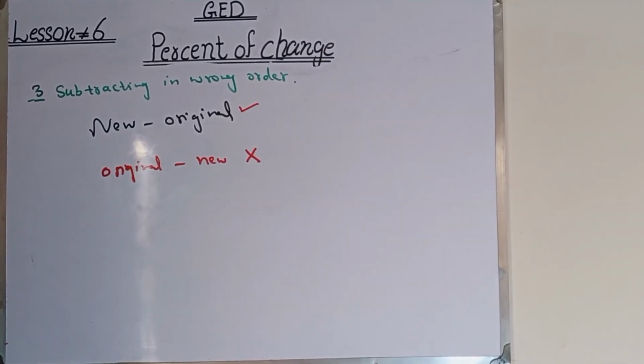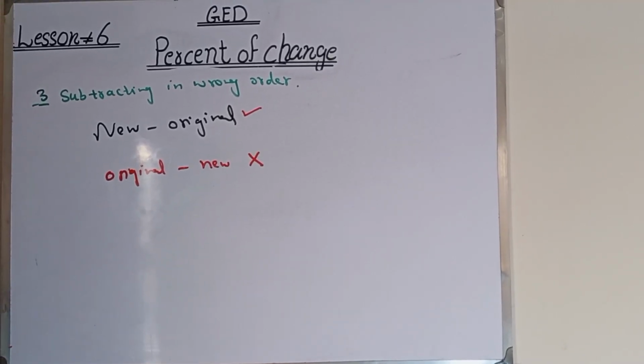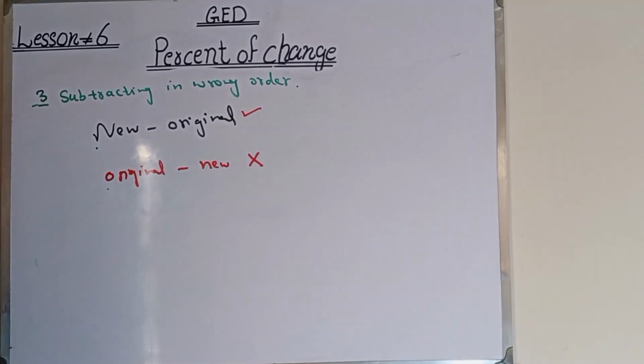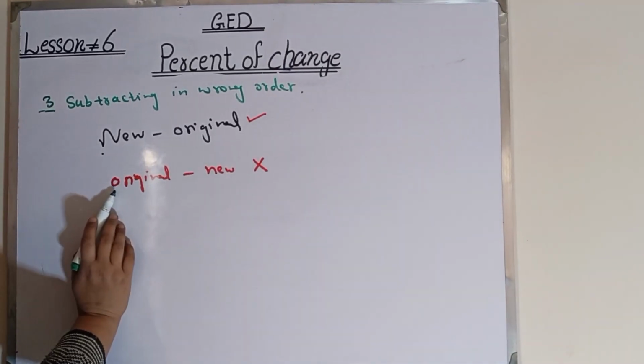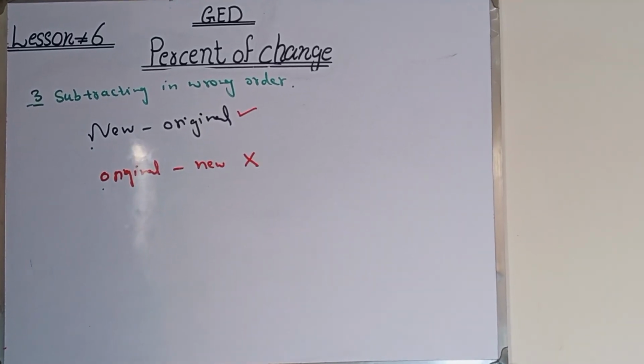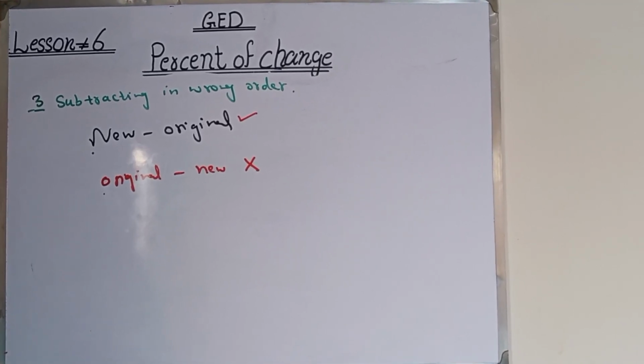Next, this automatically gives positive for increase and negative for decrease. This is the right order. But this is the wrong order. If you do original minus new, then you will not get the positive or negative signs accurately.